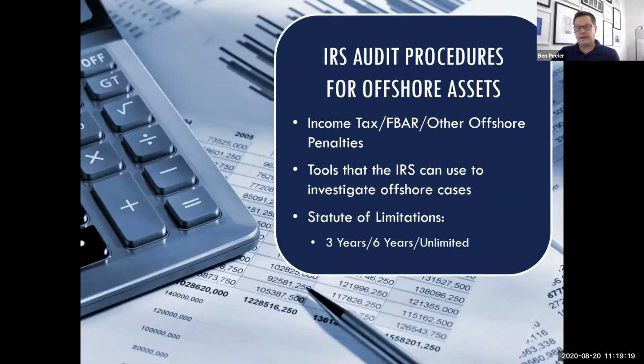But of course, that can be 6 years if you omitted more than 25% of your income. And that would give you a 6-year statute without any international question or not. Now, of course, if you committed fraud, which is essentially intent to evade taxes, that would allow for an unlimited statute of limitations.